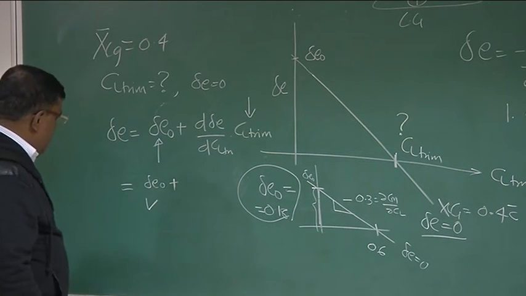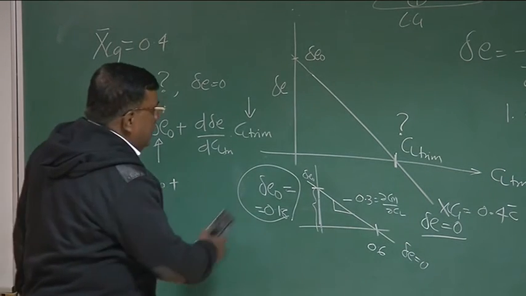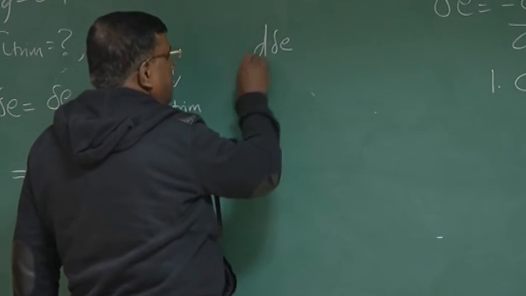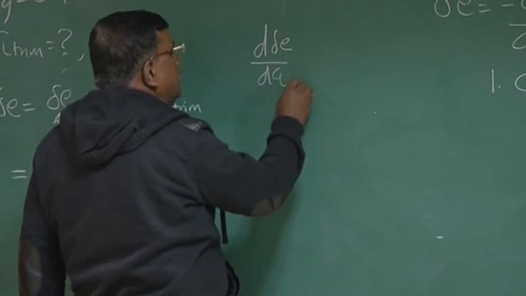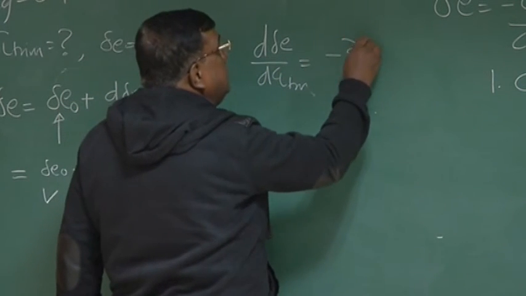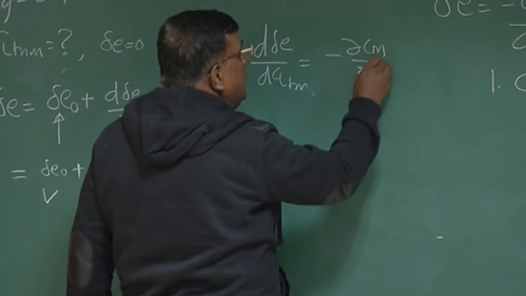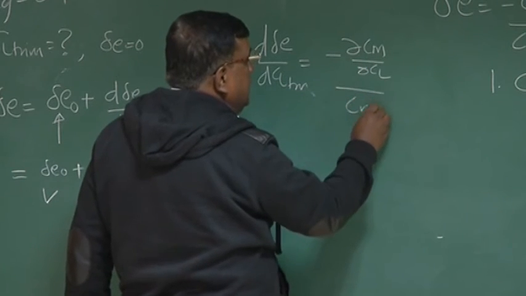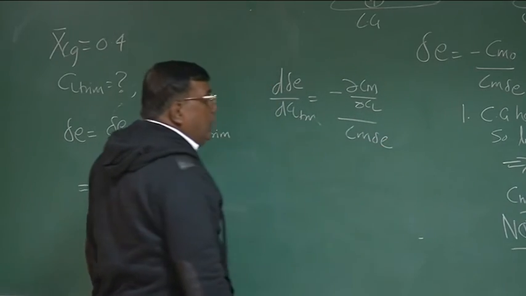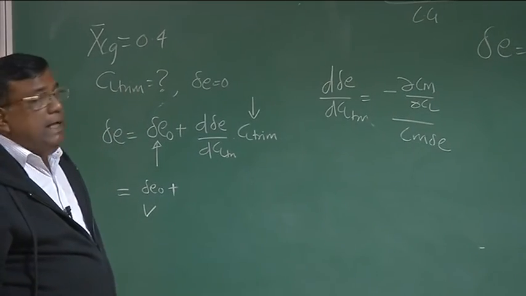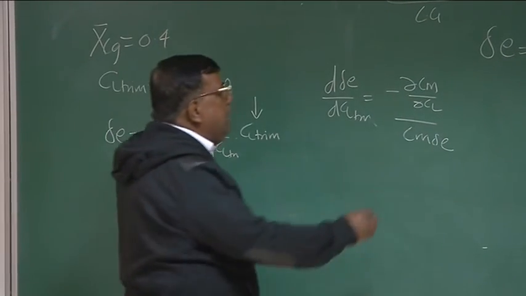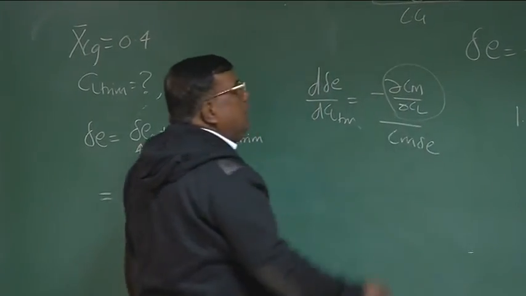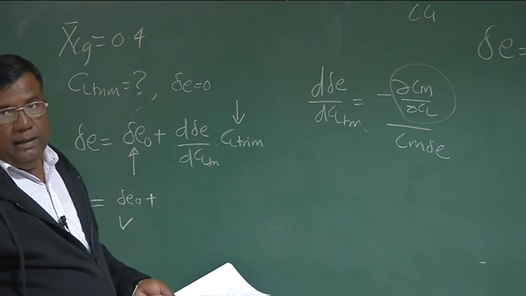Now d delta E by dCL trim, let us see what is happening to that. So d delta E by dCL trim is equal to minus dCm by dCL by Cm delta E. But we know that in the second case, the CG has changed. So dCm by dCL, no more can I use the earlier dCm by dCL.